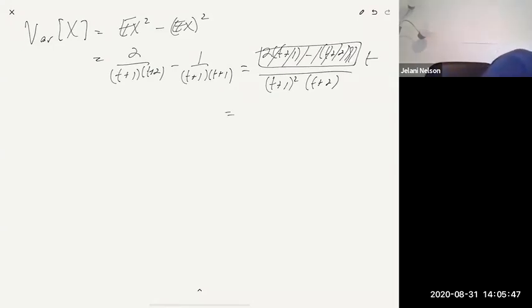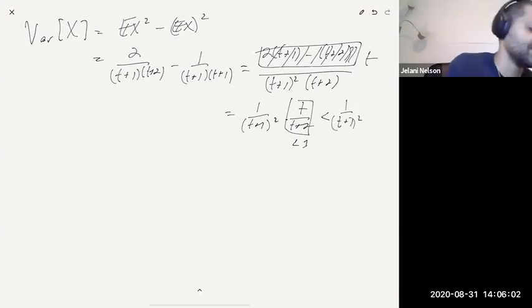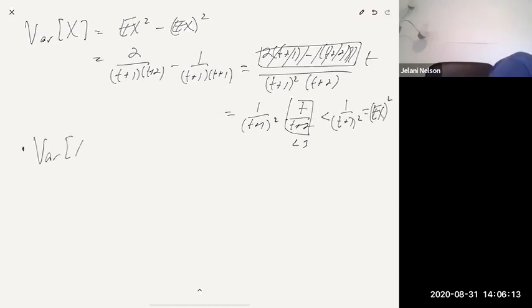So this is equal to 1 over (t plus 1) squared times t over (t plus 2), which I'll just note is less than 1. So this is less than 1 over (t plus 1) squared, which is also just the expectation of x squared, right? So we have that the variance in our case is at most the square of the expectation.